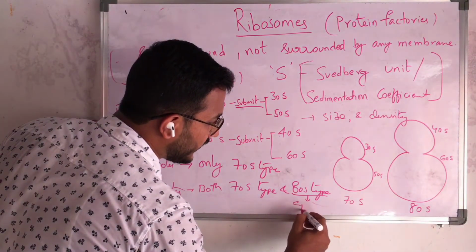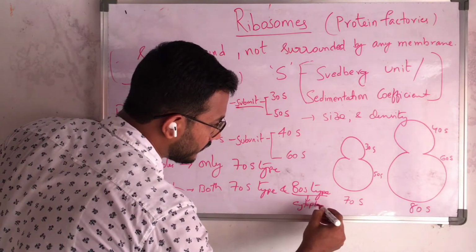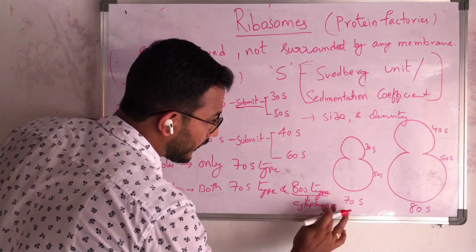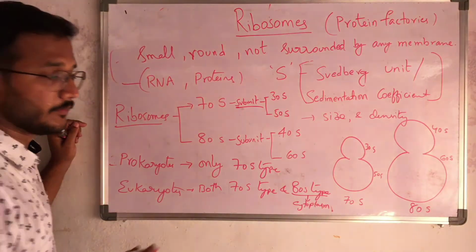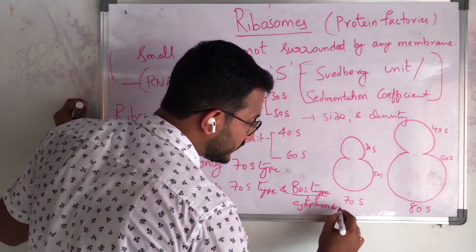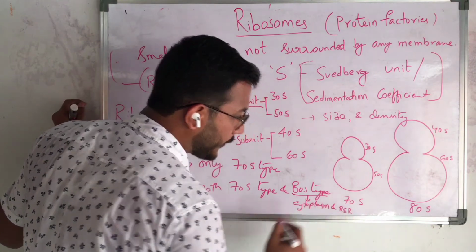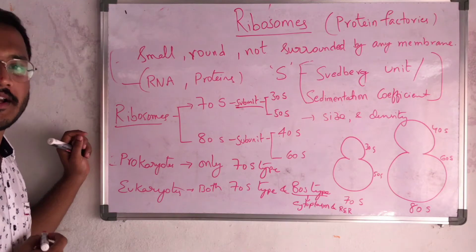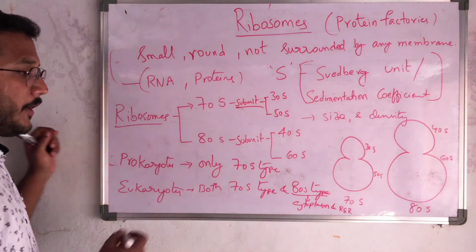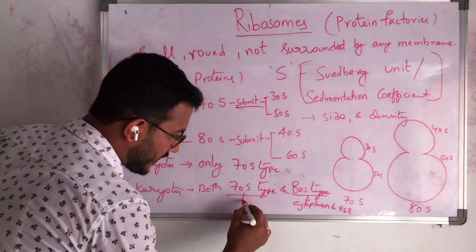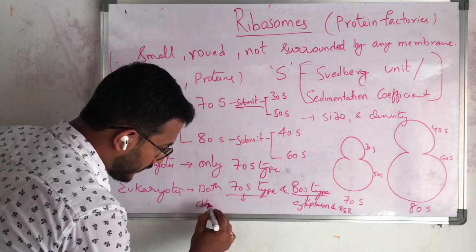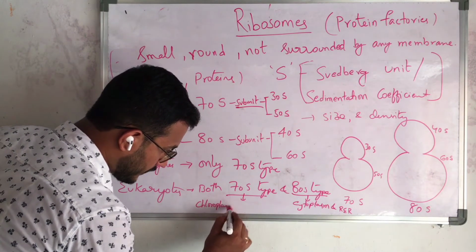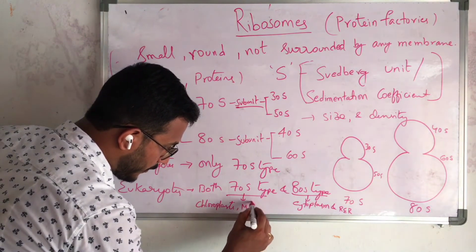They are present in the cytoplasm and on the rough endoplasmic reticulum, as we discussed earlier. But the 70S type are present in chloroplasts and mitochondria.